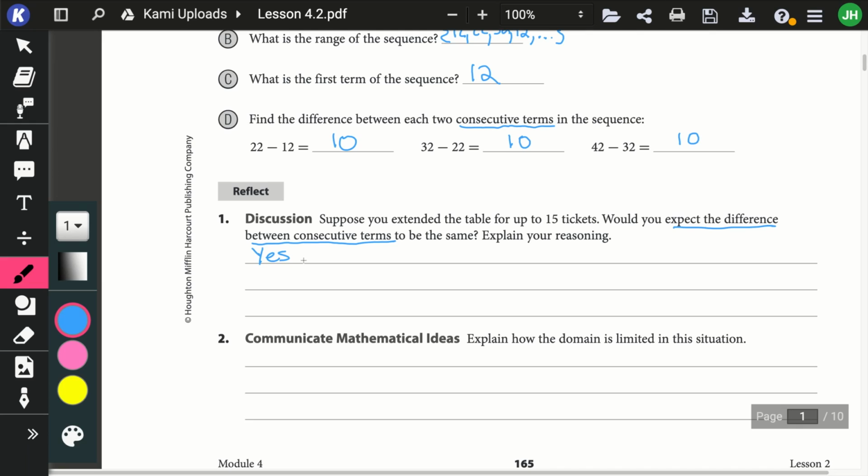Yes, because as we move to the next term, we always go up by 10, right?